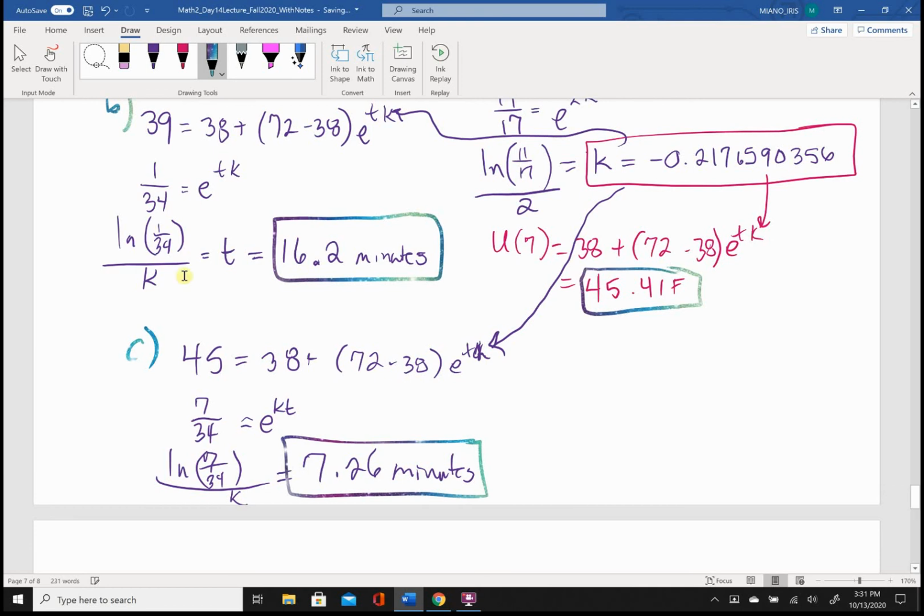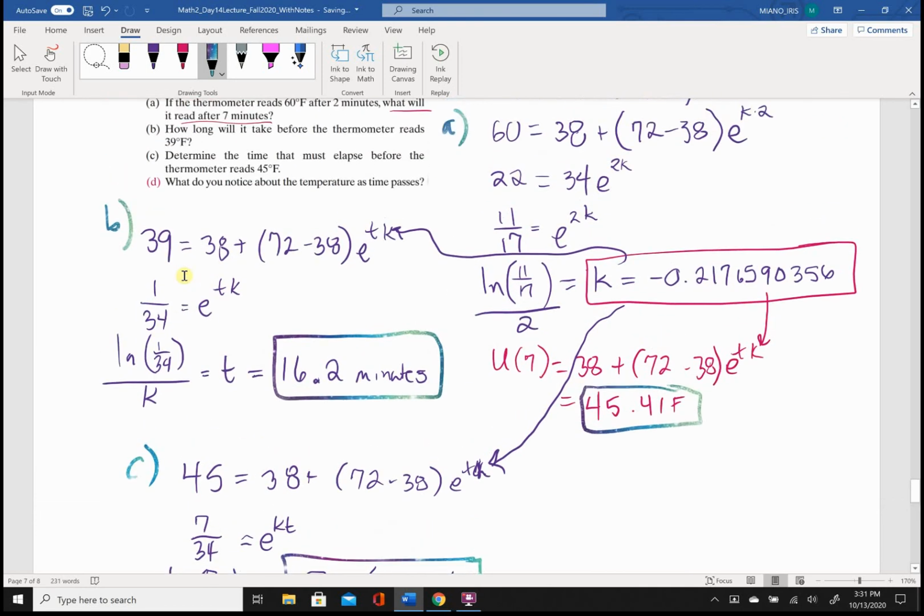Lastly, let's answer part D, which is more of a qualitative question. It asks, what do you notice about the temperature as time passes? Well, it's definitely decreasing, as would be so obvious, because we're talking about cooling. So yes, temperature decreases. What does it seem to be decreasing to?